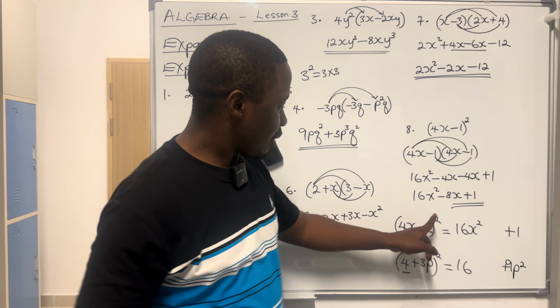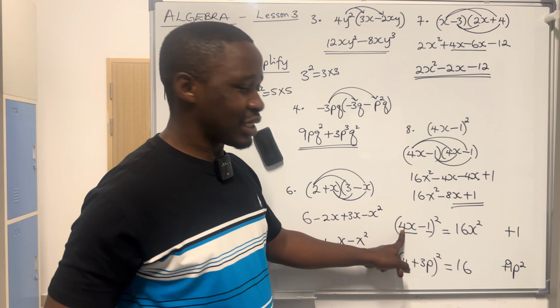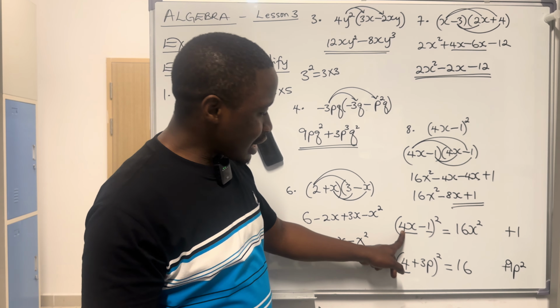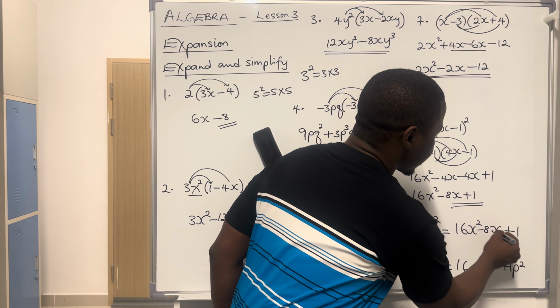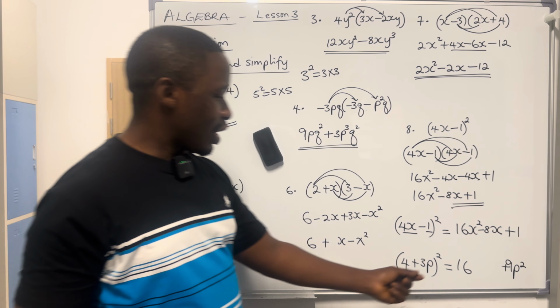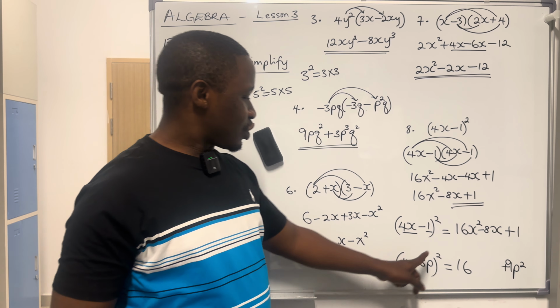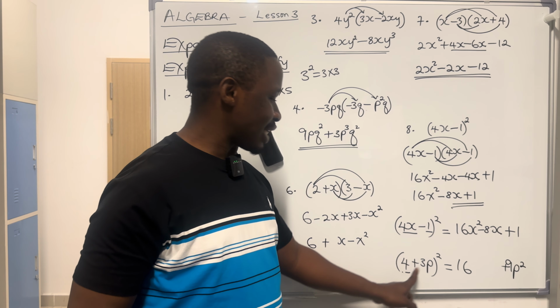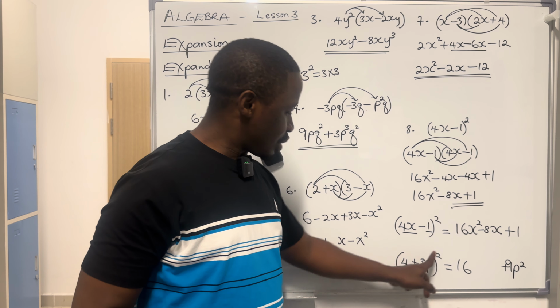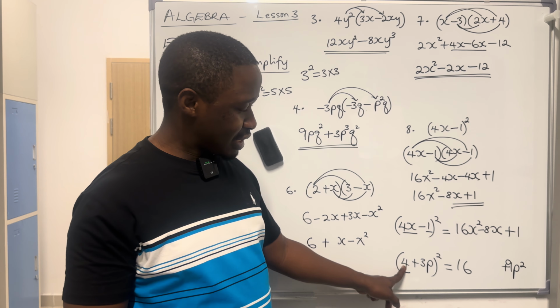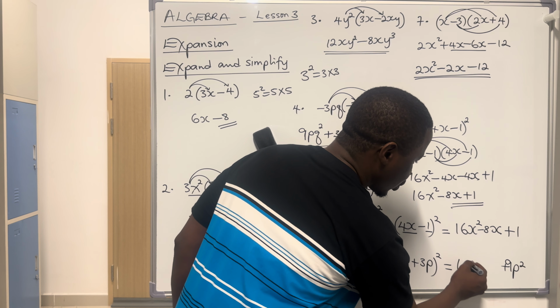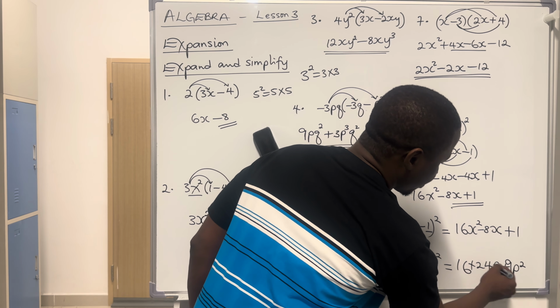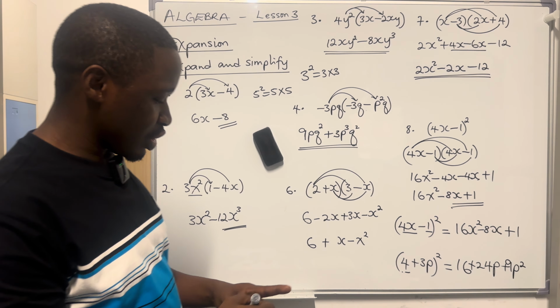So let's go. 2 times 4x is 8x. 8x times minus 1 is minus 8x. So likewise here, 2 times this. 2 times 4 is 8. 8 times 3p is 24p. So plus 24p. So this is what we do.